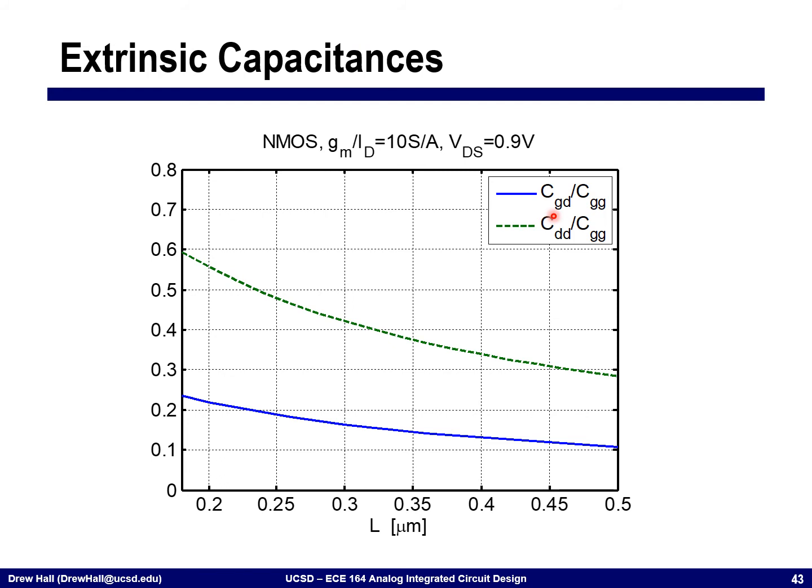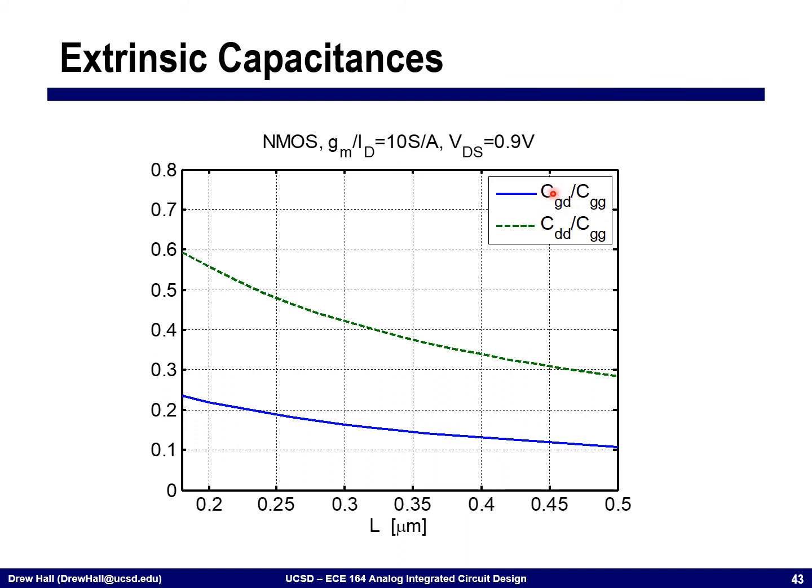This is again looking at the extrinsic capacitances, but now we're looking as a function of channel length. As you might expect, they do change as a function of channel length as we increase the length of the device, in particular for CGD. The CGD capacitance is fixed.